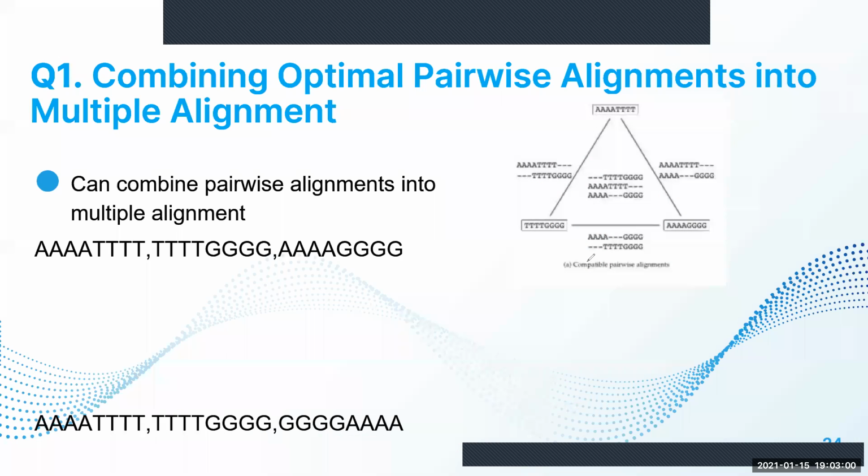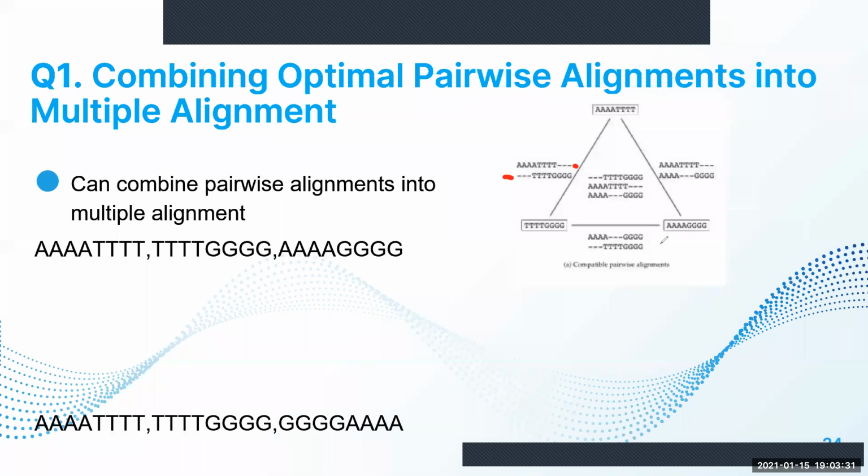Here I asked the question because I had some answer like 4 A's, 4 T's, and 4 gaps. Then for the second one, it's 4 gaps at the beginning, then 4 T's, 4 G's, and the last one 4 A's, 4 gaps, and 4 G's.